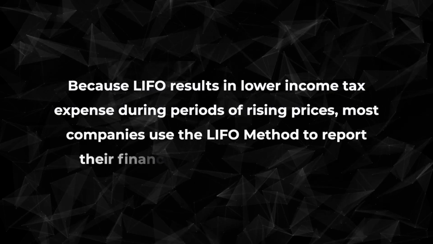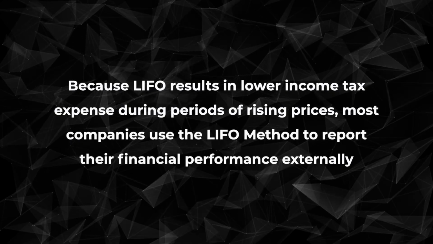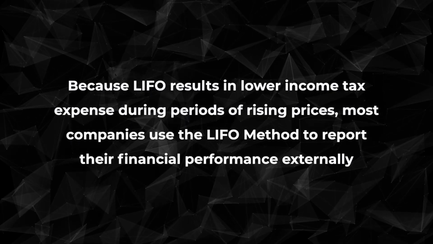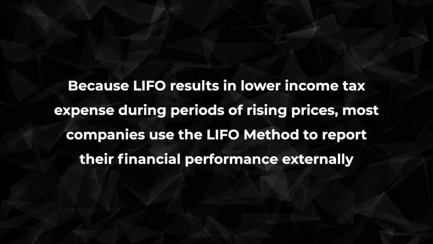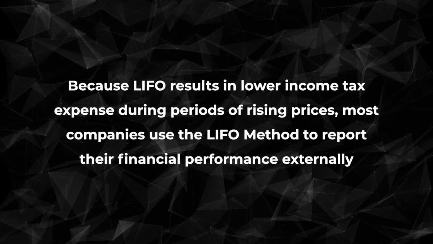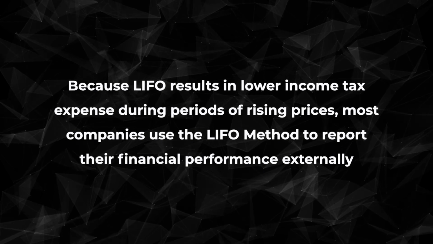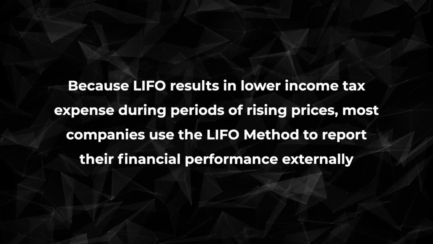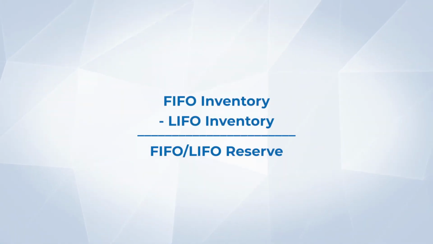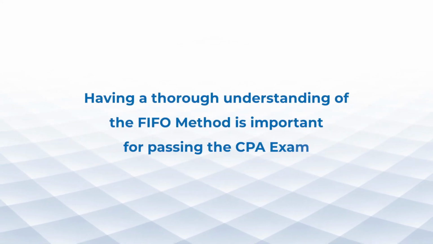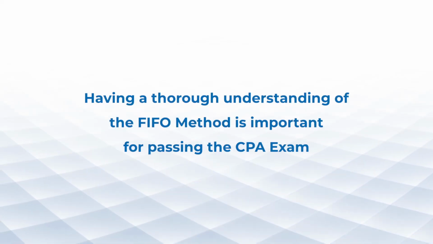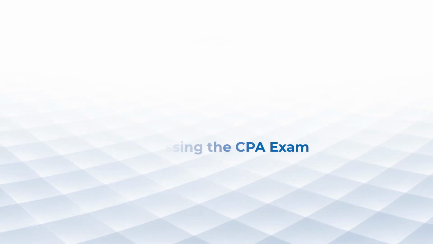But because LIFO results in lower income tax expense and everyone wants to pay less in taxes during periods of rising prices, most companies opt to use the LIFO method to report their financial performance externally. So to calculate the FIFO reserve and the LIFO reserve, you take the difference between the FIFO inventory and the LIFO inventory.